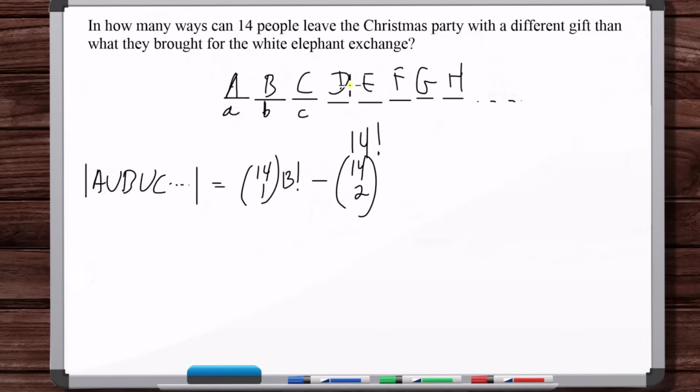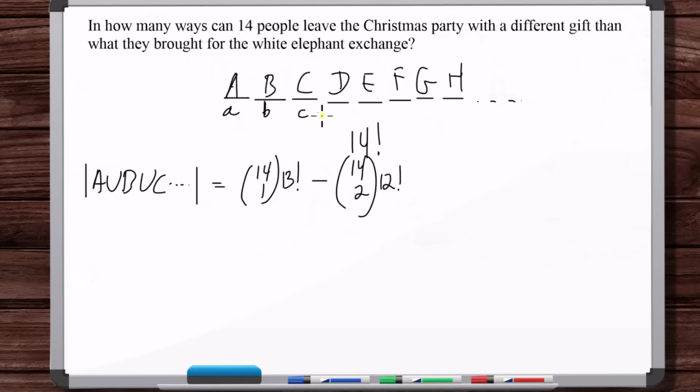If D has their own gift, then it's just 13 factorial again. And so now, 14 choose 2 of the pairings. What is A intersection B? If A and B both have their own gift, then it should just be 12 factorial. The number of outcomes where both A and B have their own gift: these are fixed.